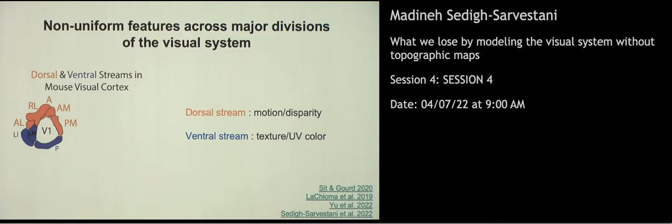And this distinction between the upper and lower visual field can be seen within an individual area like V1, but I don't know if some of you might have noticed, also across the entire visual system of the mouse.